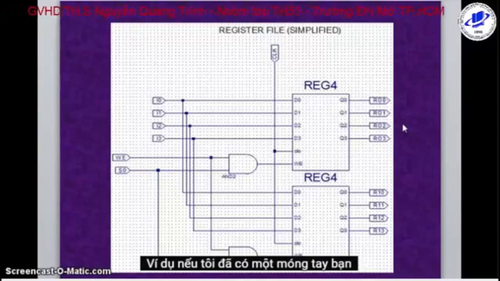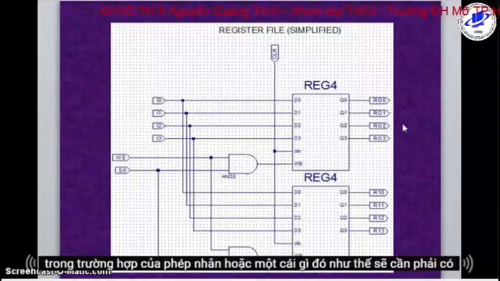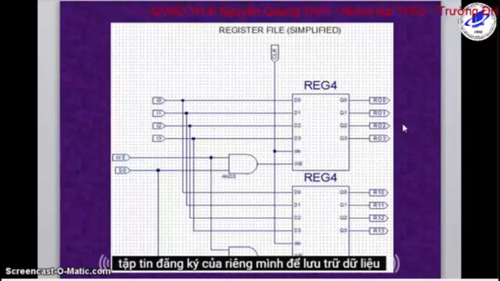For instance, an ALU will have a register because it needs to hold a number. In the case of multiplication or something like that, it will need to have its own register file to store data.